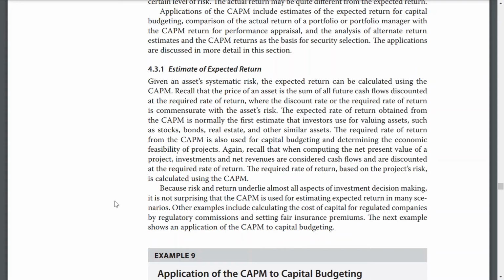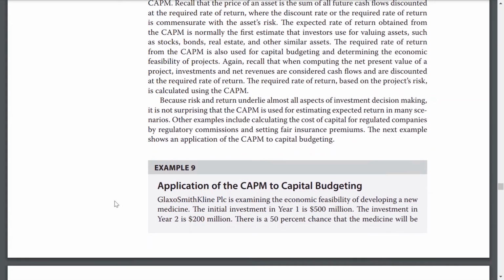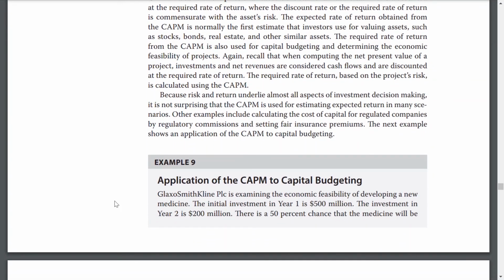Because risk and return underlie almost all aspects of investment decision making, it is not surprising that the CAPM is used for estimating expected return in many such scenarios. Other examples include calculating the cost of capital for regulated companies by regulatory commissions and setting fair insurance premiums. The next example shows an application of CAPM to capital budgeting.